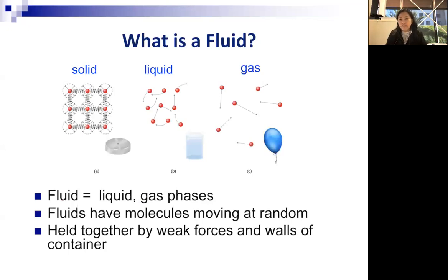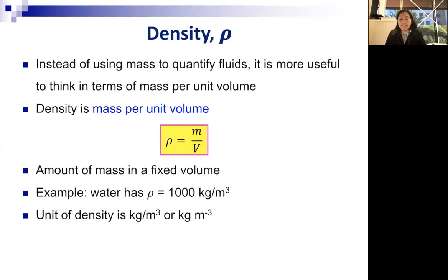A defining characteristic for fluids is that you need a container to contain fluids, right? So you need containers to contain liquids and gas materials. And so instead of talking about mass to quantify the fluid, it's more useful to think in terms of mass per unit volume.